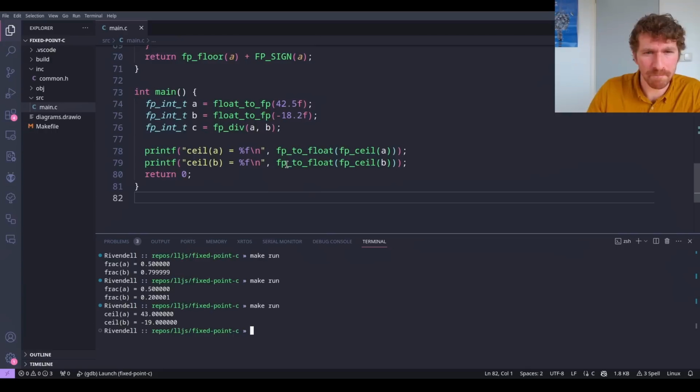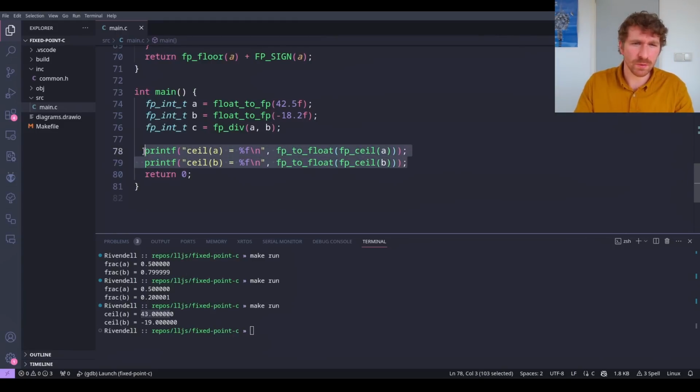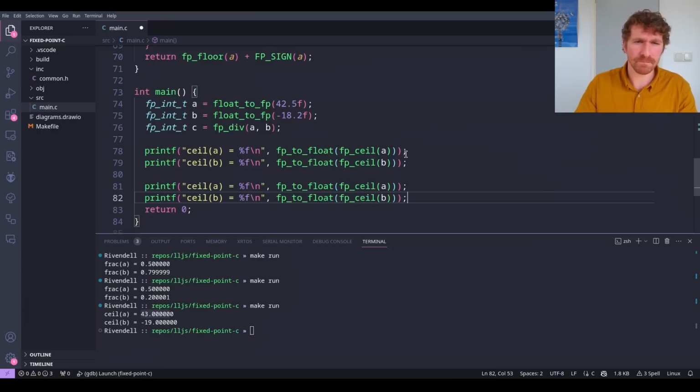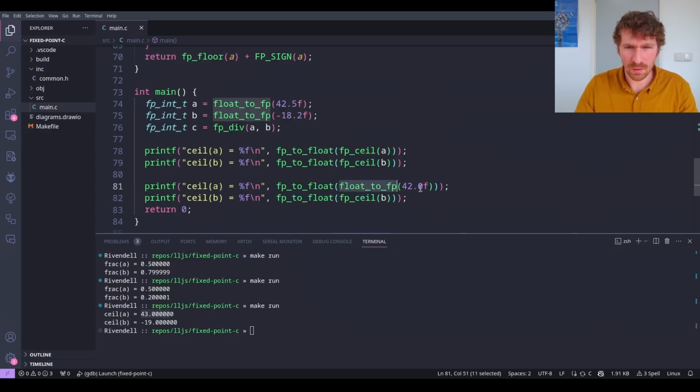Okay, so what do we get? We get 43 in this case. We get negative 19. Both of these things make sense. Although what I want to do is also to check that if we were to do this on, say, just 42, or just negative 18, that case is also covered.